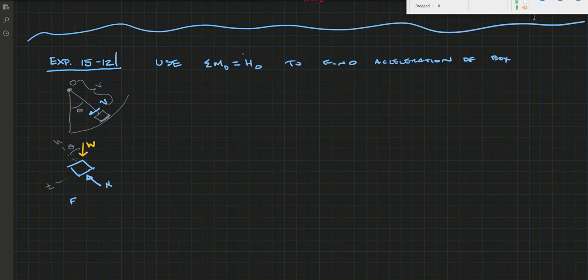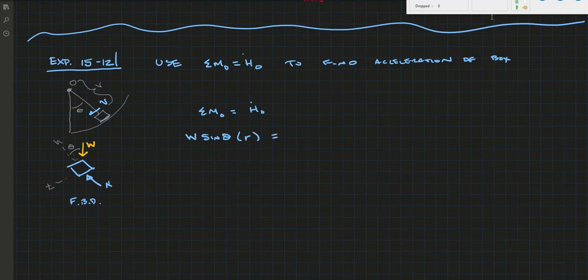So now we'll make use of this free body diagram. And let's begin by summing moments about O equals H0 dot. So summing moments about O means we'll end up with W times the sine of theta, which is the component of W that is perpendicular, and then multiplied by the distance r.